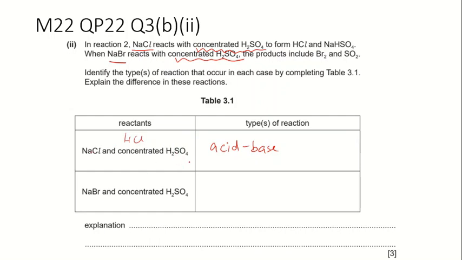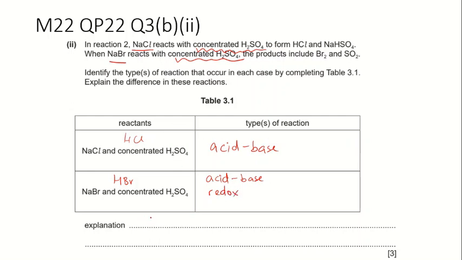So you just stop there. For sodium bromide and concentrated sulfuric acid, two reactions, right? The first one is acid-base to form HBr. In this case, concentrated sulfuric acid is strong enough to oxidize the HBr. Therefore, this further reaction is a redox.